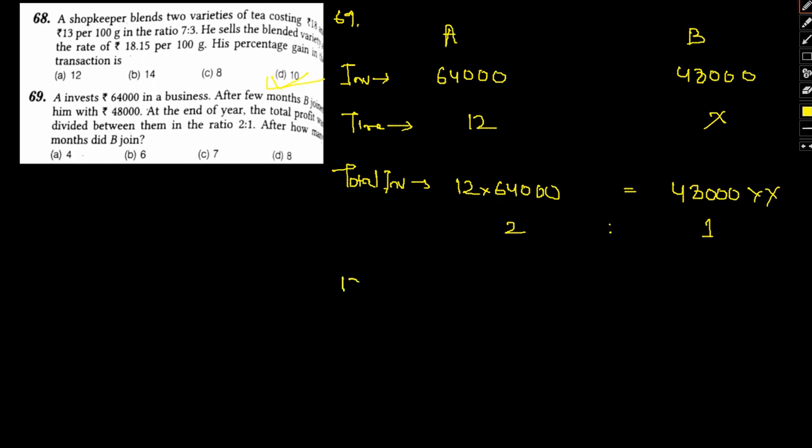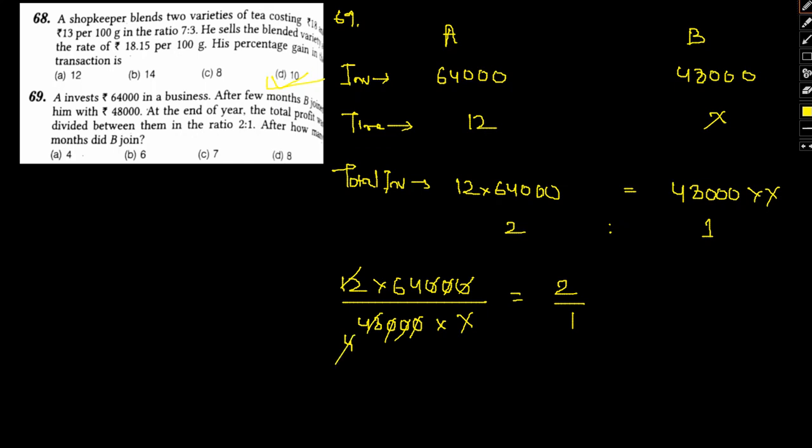So 12 into 64000 by 48000 into X will be 2:1. So therefore X will be equal to 8 months.